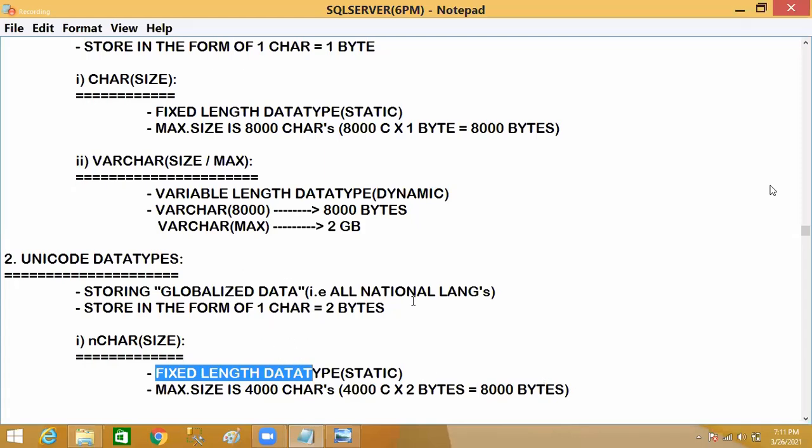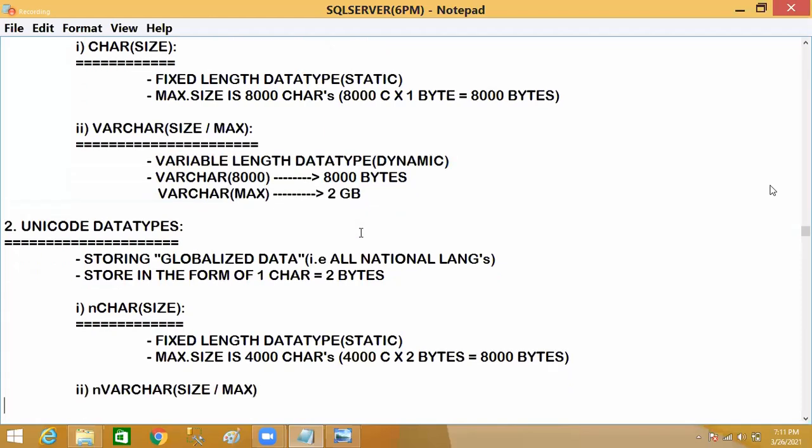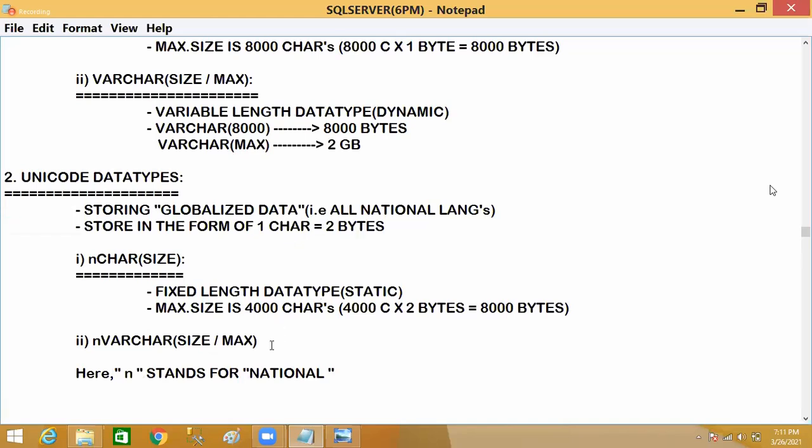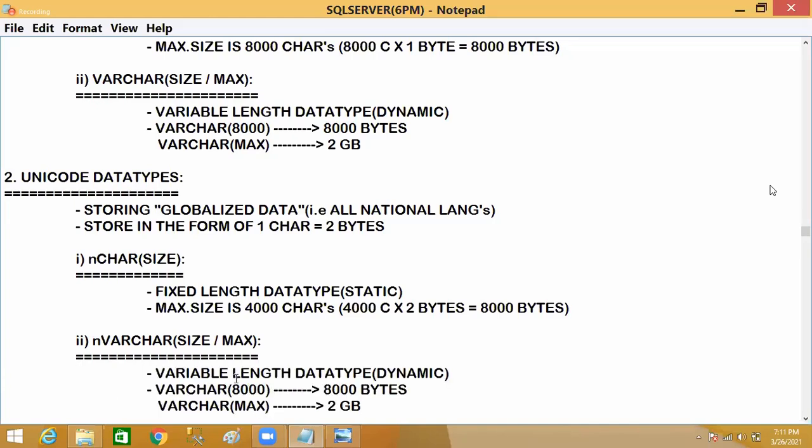To overcome that problem, they introduced n varchar, which is a variable length data type, dynamic in nature.